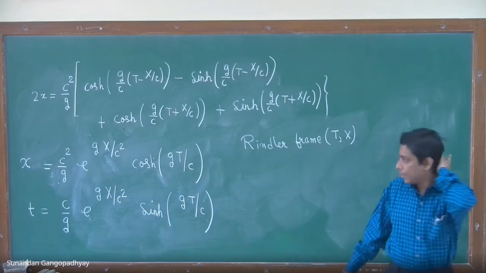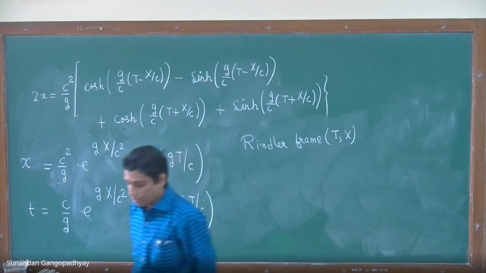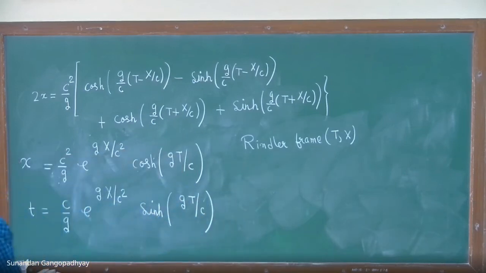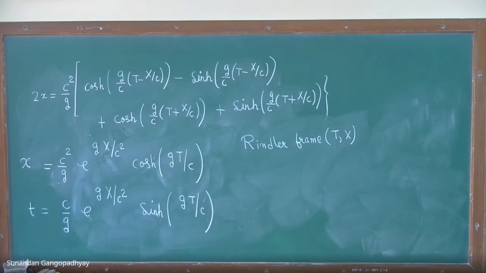So these are the transformations that we were looking for between the Minkowski or laboratory inertial frame and the Rindler uniformly accelerating frame. We started deriving it in the previous class, but we did not finish it.